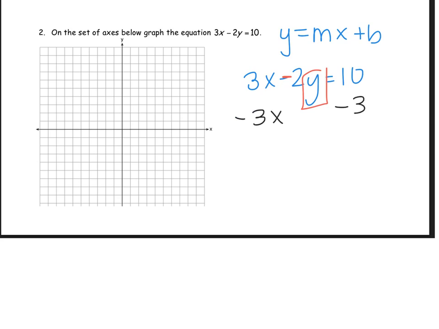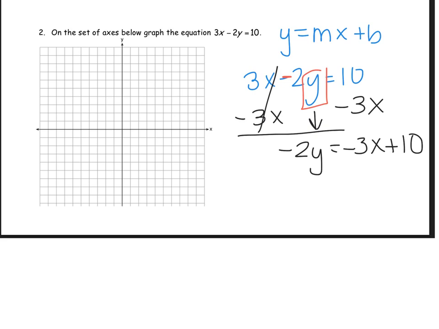All right, so let us get rid of everything that is not next to the y. Subtract that 3x to the other side. That cancels. And you're going to bring down the married negative 2y. Now, we're always going to put our x first. So we have negative 3x, that's going to come first, and positive 10 is going to come next. So minus 3x plus 10.